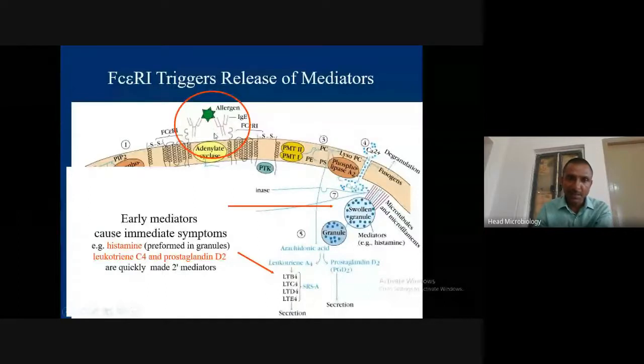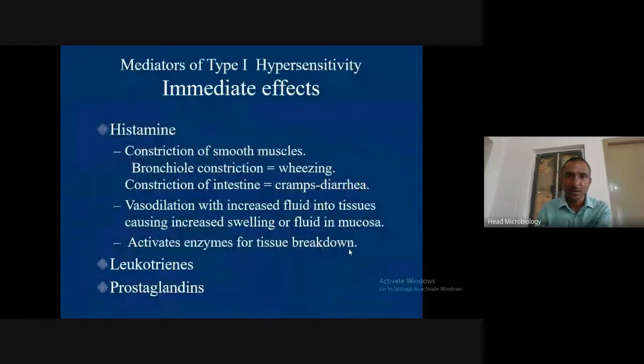Early mediators cause symptoms, such as histamine, leukotriene C4 and prostaglandin D2, which are quickly made, along with mediators stored in swollen granules. All these things are the degranulations, and the granules contain, for example, histamine.